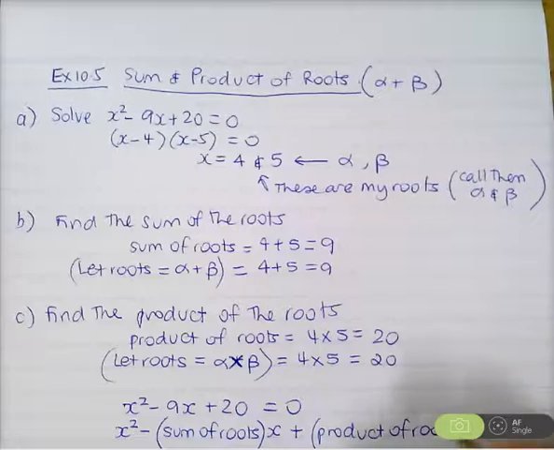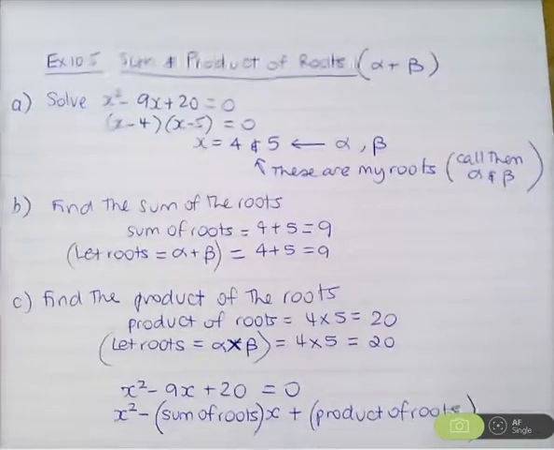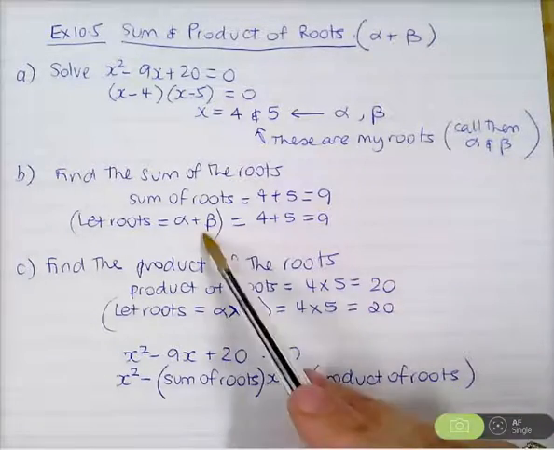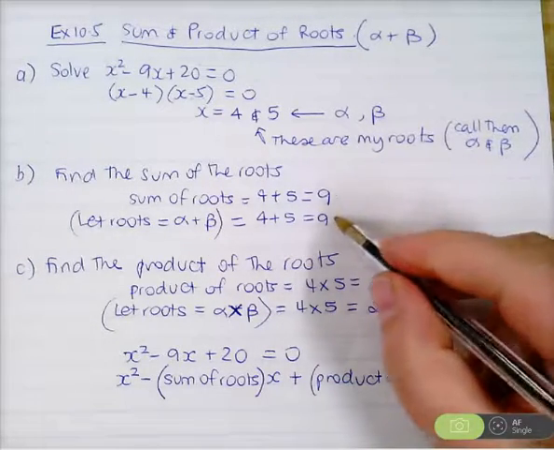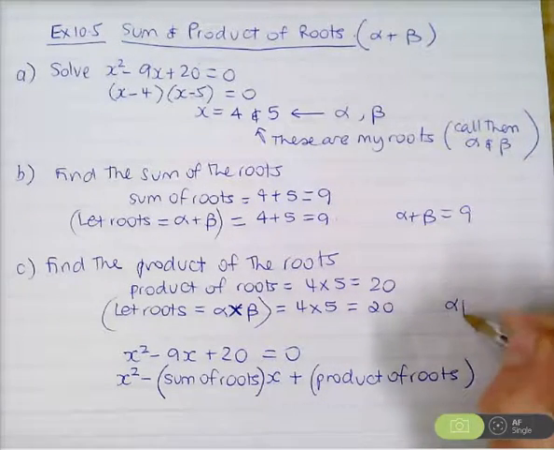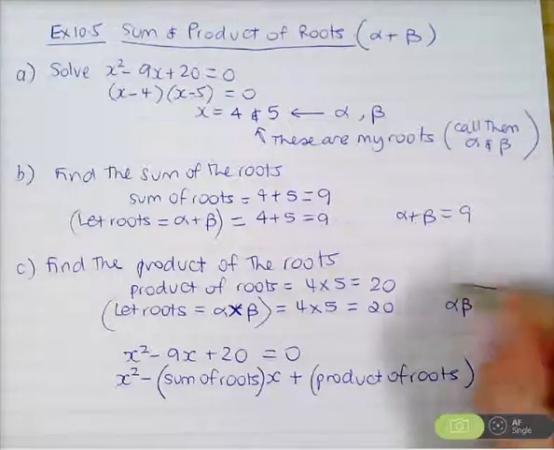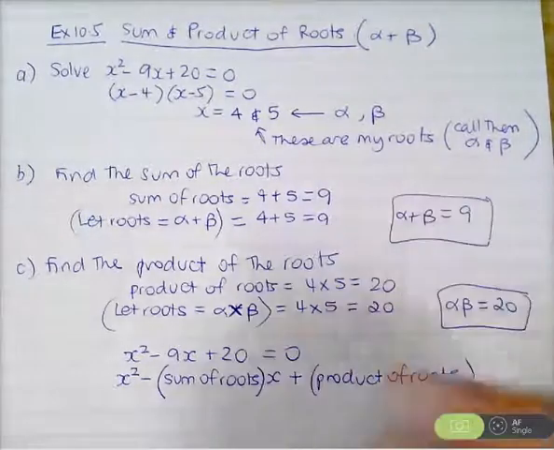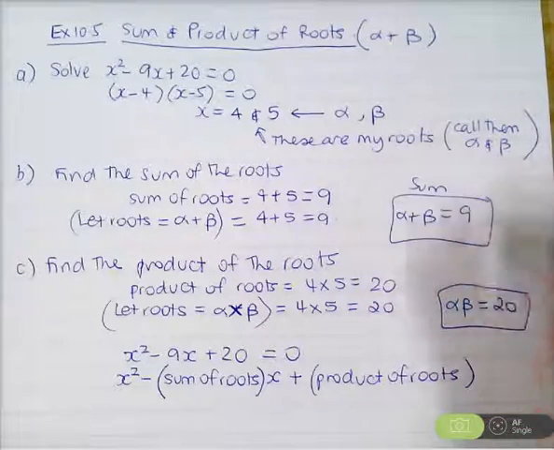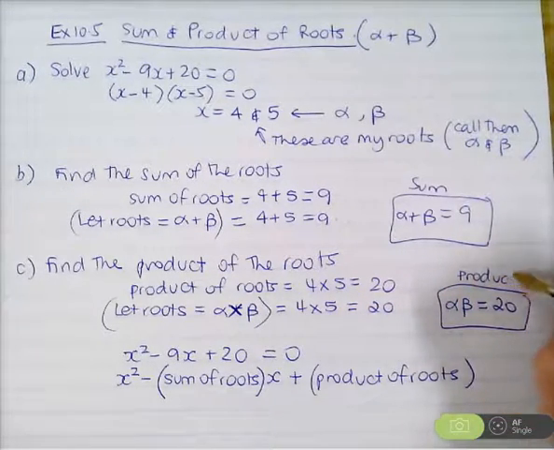So when I look at what I've just done, I've called the sum of my roots alpha plus beta, so alpha plus beta is 9. Alpha times beta, or alpha beta, is 20. They're the sum of my roots and the product of my roots.